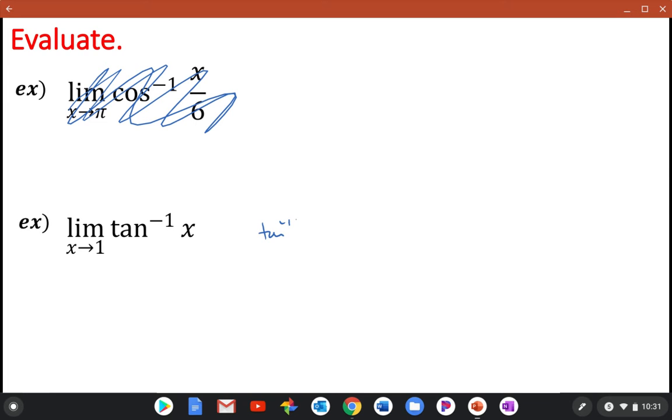The inverse tangent of 1 when we directly plug it in. So we want to think about what tangent value is going to give us 1. All right, so this is a little bit more challenging because we have to think about essentially what coordinate pair gives us 1, right?